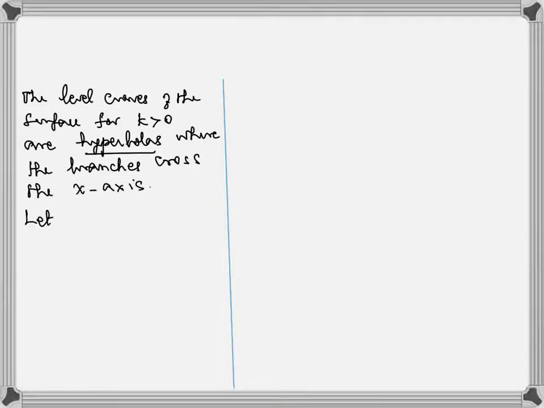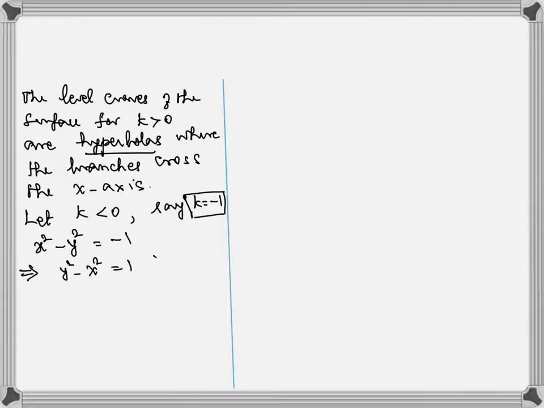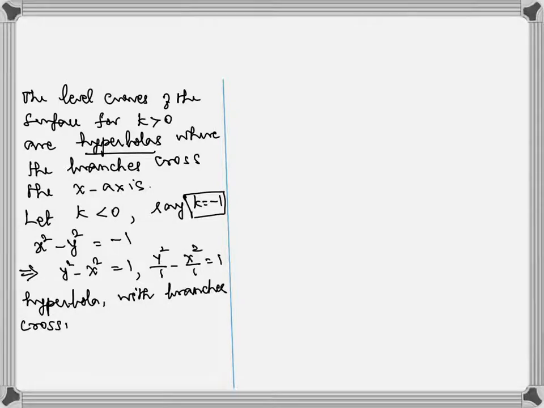But if k was equal to 0, we know that it should be two intersecting lines passing through the origin. Let k be less than 0, say k equal to negative 1. Substituting that back into the original, you get x square minus y square equal to negative 1. So y square minus x square equal to positive 1. If we bring it to the standard form, you get y square over 1 minus x square over 1 equal to 1, which is a hyperbola where the branches cross the y-axis at plus 1 and negative 1.